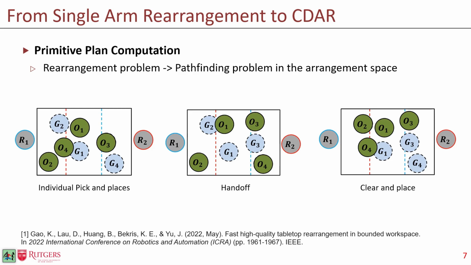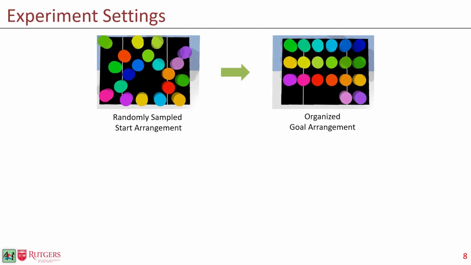For FC mixspan, where robots pick and place asynchronously, we propose a heuristic search algorithm in an interval state space. The detail of the method is shown in our extended version of the paper on arXiv. In experiments, we move objects from randomly sampled start arrangements to an organized goal arrangement.